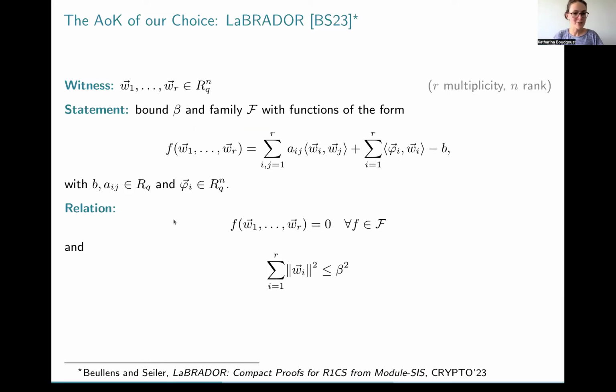And then the relation we want to verify is that for every function in this function family, if I evaluate it at my witness, it gives me 0, and the norm of every witness summed up together is bounded by this upper norm bound. So I guess the important thing is that I have up to quadratic functions and a norm bound check.